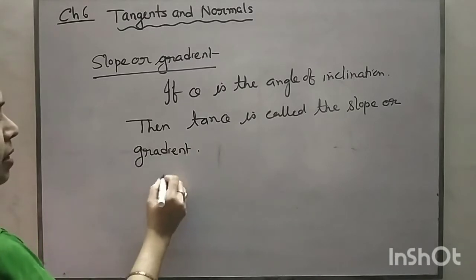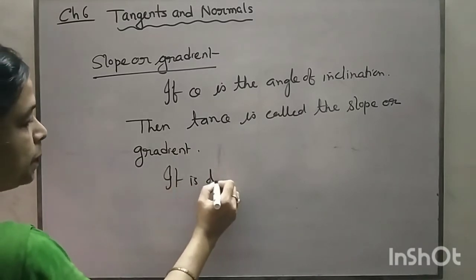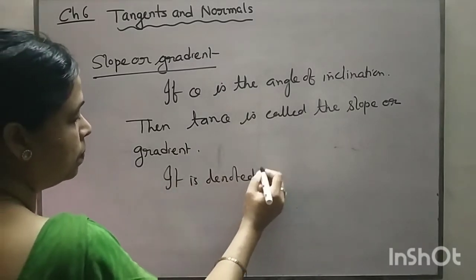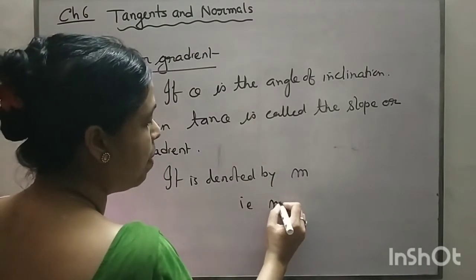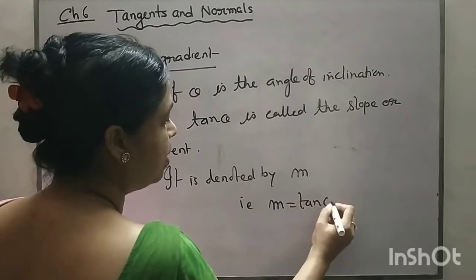And it is denoted by M. That is, we have M is equal to tan theta.